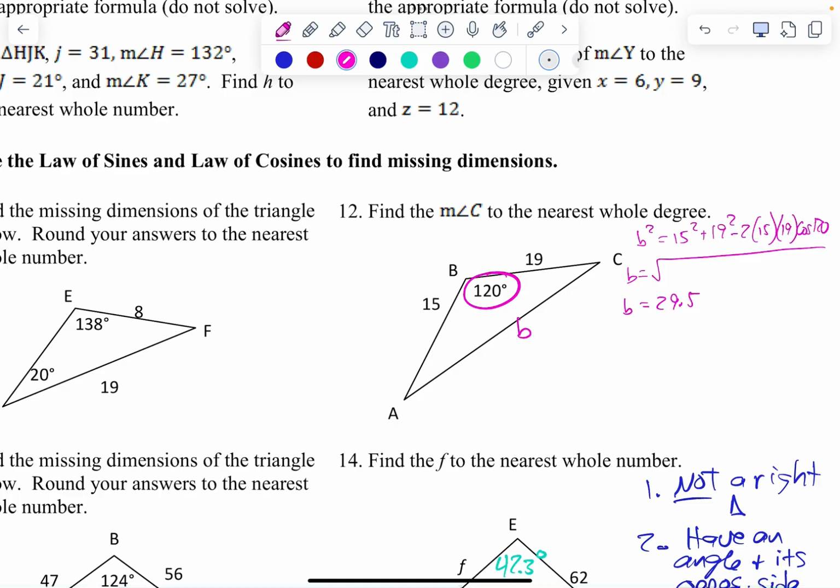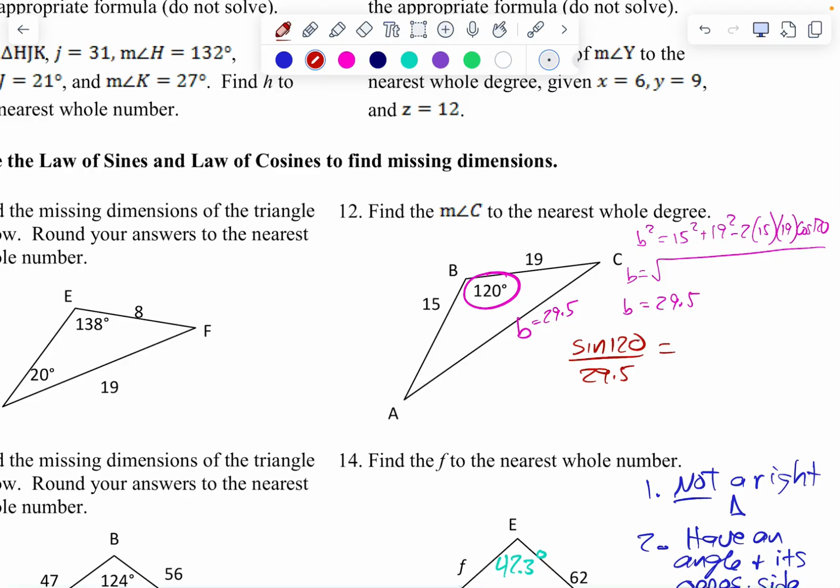Now, why did that help? Yeah, now we have this angle and opposite side pair, and we have a 15 across from angle C, so we can use law of sines. Our sort of given, we had to calculate the length, but it's sort of given.